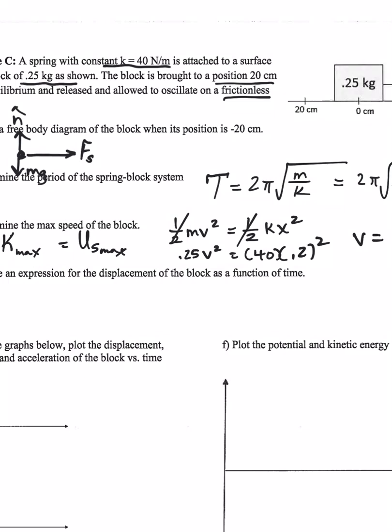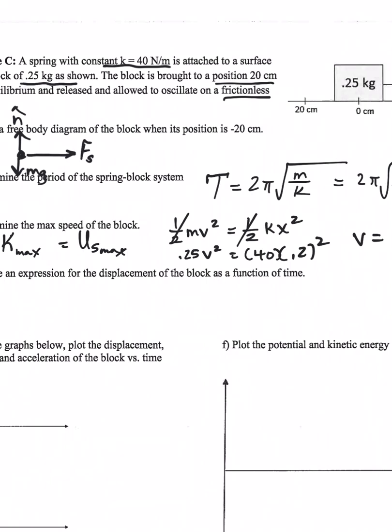Good. Divide and take the square root. You should get a lovely number. About 2.5, right?